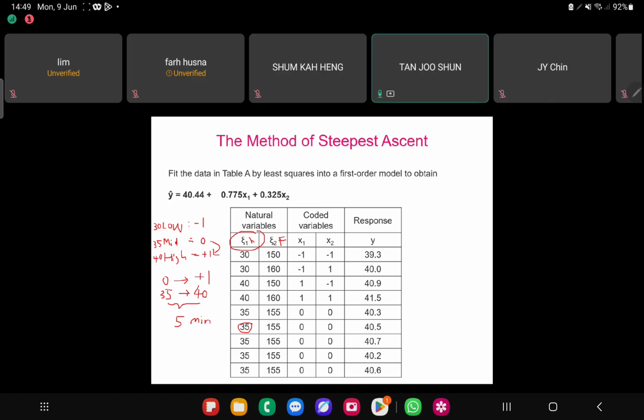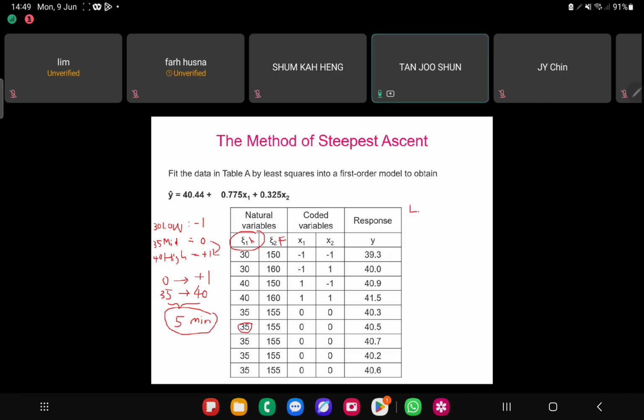So we know that 1 unit for the coded time is equal to 5 minutes of the actual value. Okay, clear? Same for the temperature.